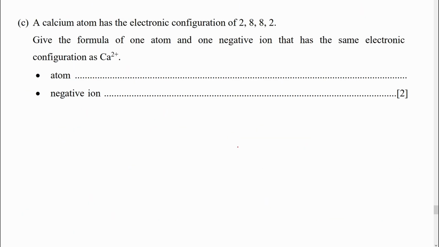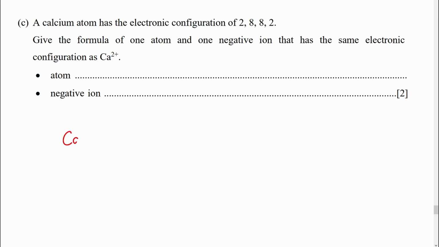Part C. A calcium atom has the electronic configuration of 2,8,8,2. Give the formula of one atom and one negative ion that has the same electronic configuration as Ca2+. So this is Ca, right?